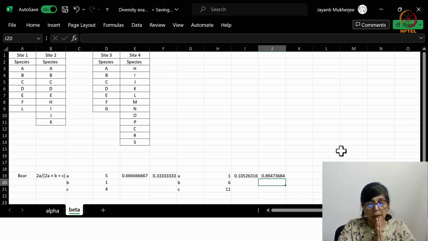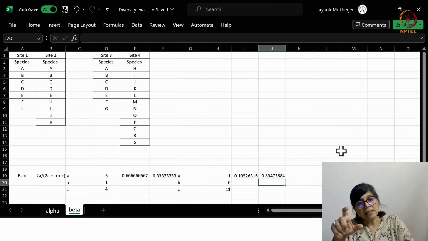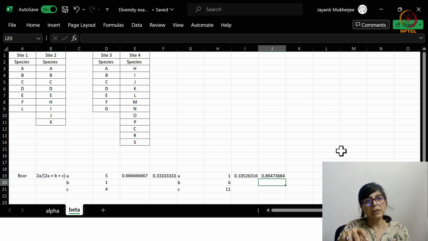So I think I skipped one part in the lecture section, but I will tell it here. So this calculation becomes very important when we actually look at conservation or evaluate different sites to compare biodiversity. For example, if I go to an area and I want to see how much is the heterogeneity in that area.